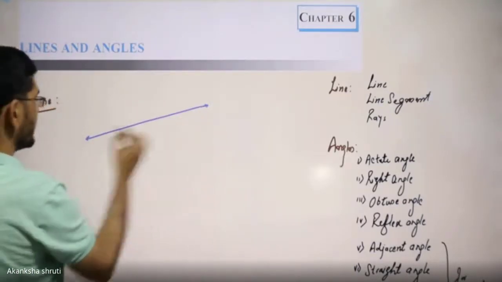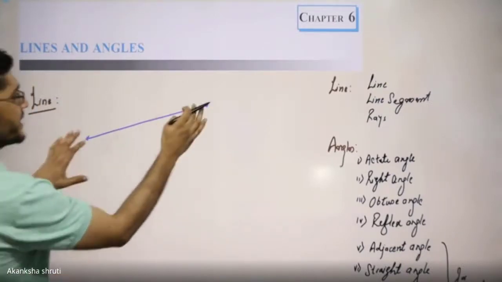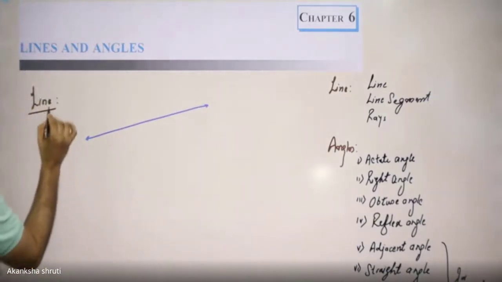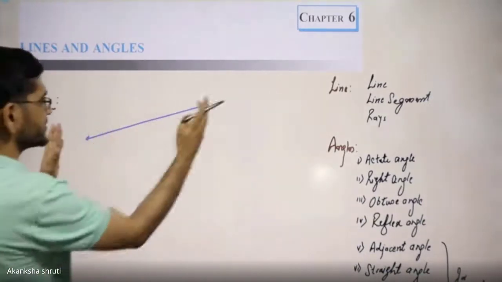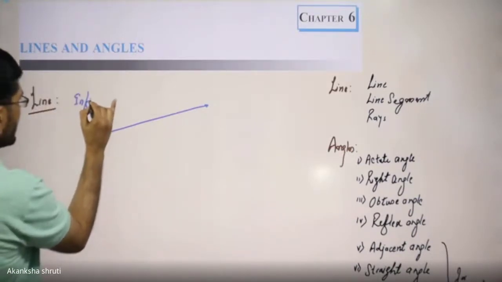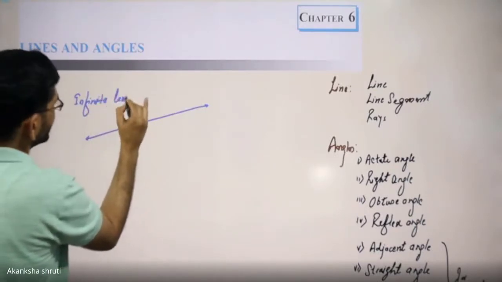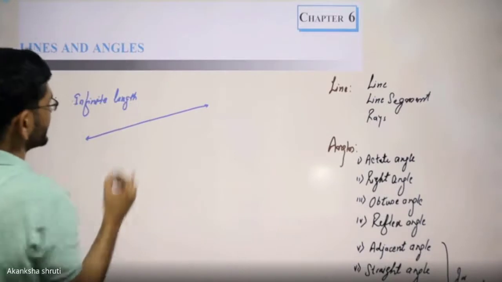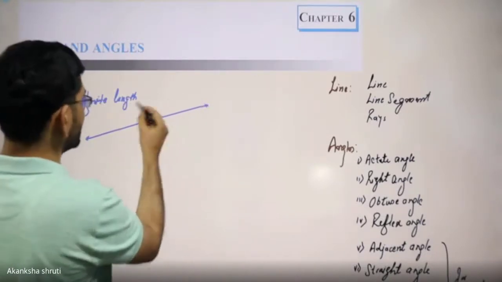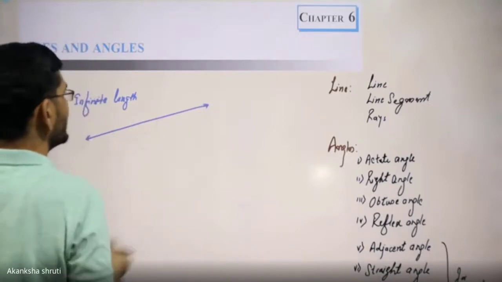Students, the two arrows indicate it can be extended in both directions. So lengthwise, it has infinite length. Infinite means something very, very large which cannot be reached. So that infinite length is indicated by putting the two arrows at the ends.